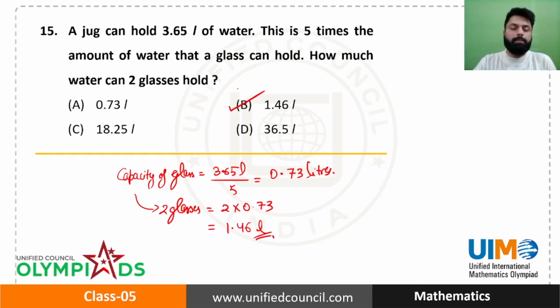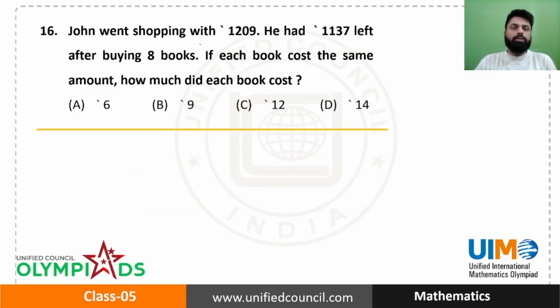B option. John went shopping with this much rupees. He had 1137 left after buying 8 books. If each book costs the same, what is the cost of one book? So cost of 8 books is equal to 1209 minus 1137.